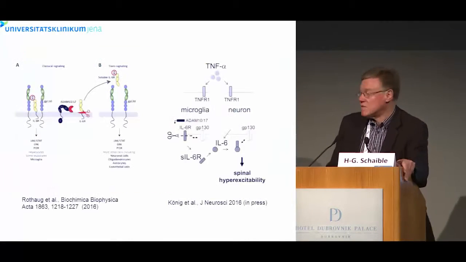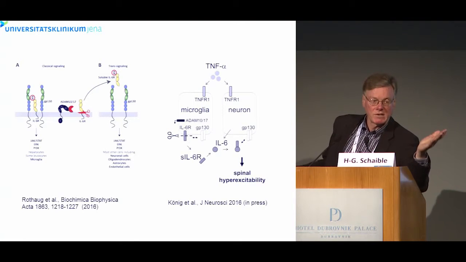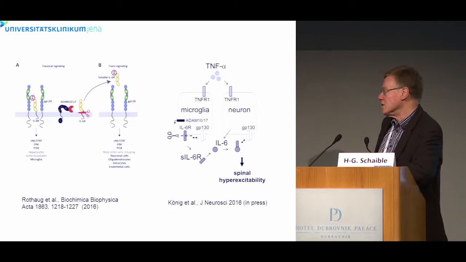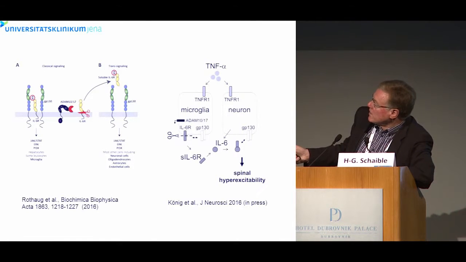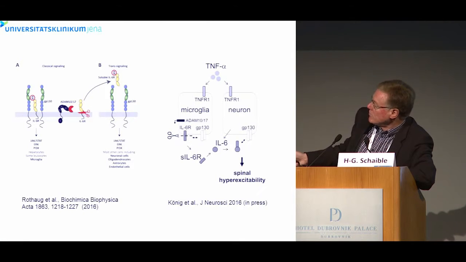Now, just a very recent paper of ours showing some interaction between TNF and IL-6. The question is always, why so many cytokines? Do they interact? Is each cytokine working for itself? So what we found, just a brief notice, is that TNF-alpha, which is also released to some extent in the spinal cord during peripheral inflammation, activates the neurons.